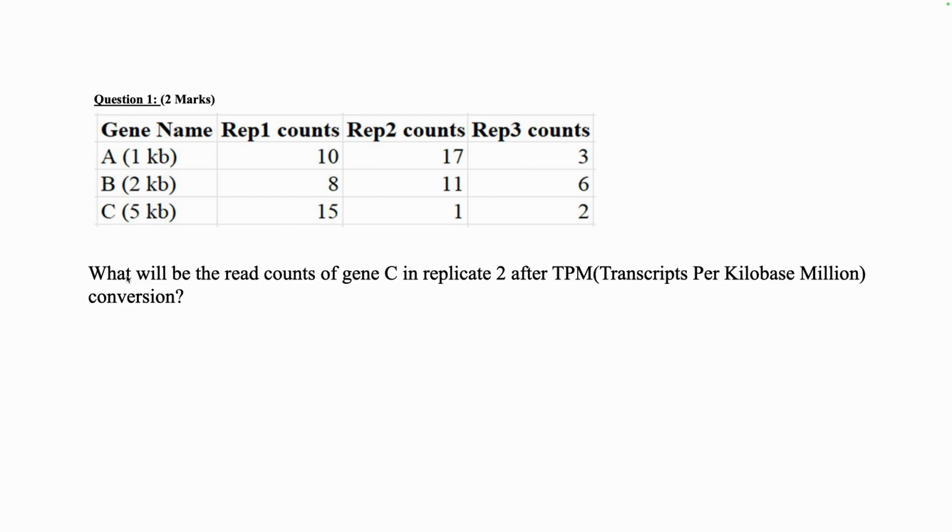What is asked? What will be the read count of gene C in replicate 2 after TPM conversion? TPM is transcripts per kilobase million. Please try to solve this question. Take a few minutes and try to answer it. Then we will look at how we can solve it.